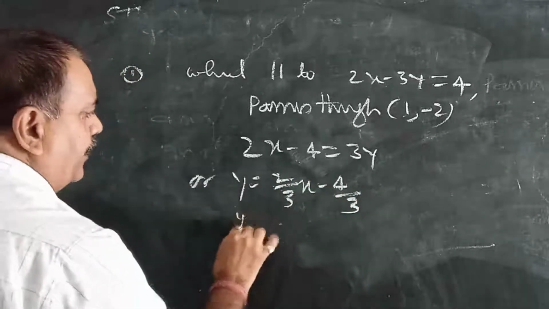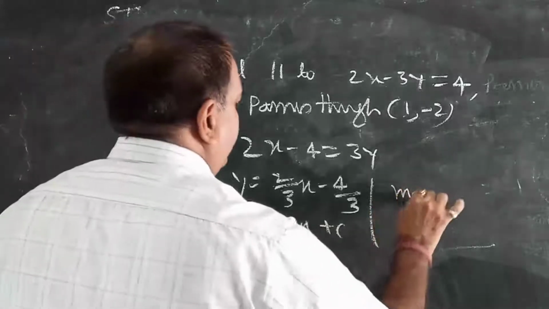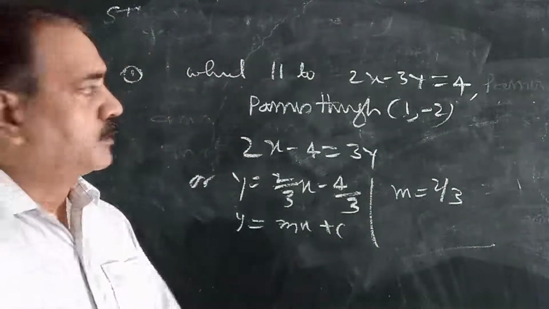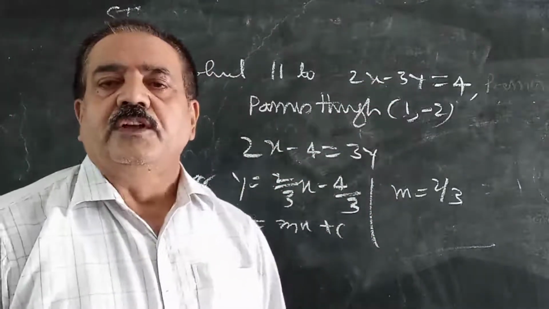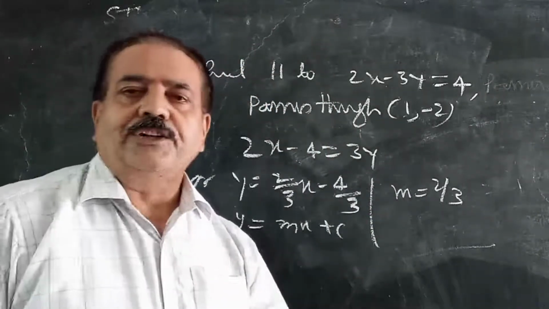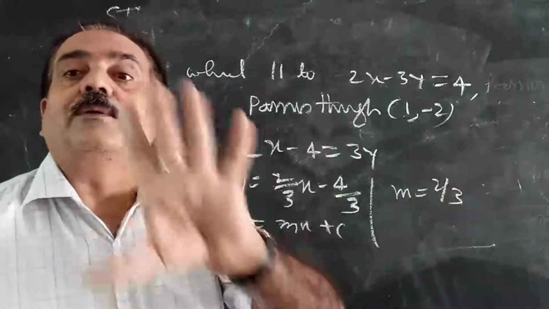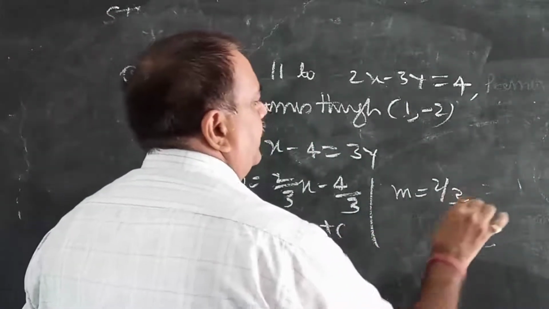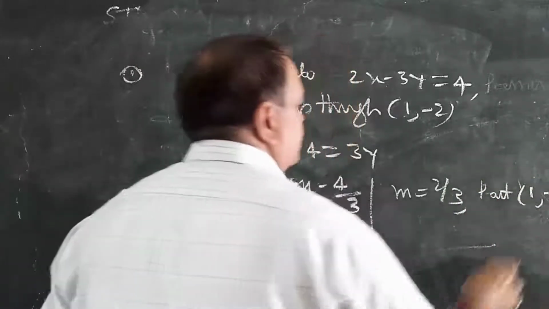When we compare with y is equal to mx plus c, m is 2 by 3. The slope of the given line is 2 by 3. It means the line whose equation we have to find will also have slope 2 by 3 because it is parallel. So slope is 2 by 3 and one point is given, 1, minus 2.